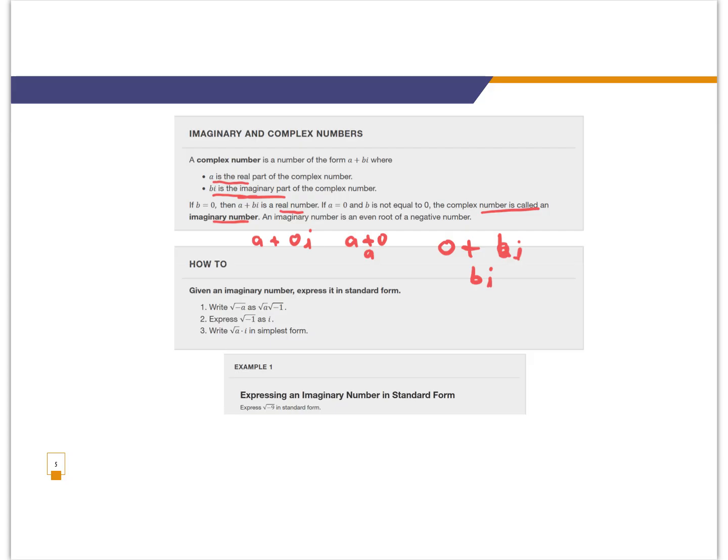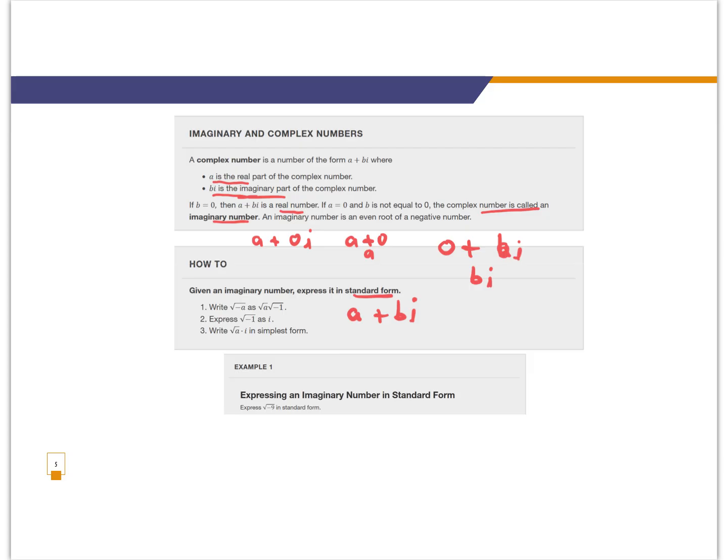Now, if we were given an imaginary number, how do we express it in standard form? Well, standard form is a plus bi. That is standard form. And we like to put the real number first, sort of like order of operations. Real numbers go first before the imaginary piece.